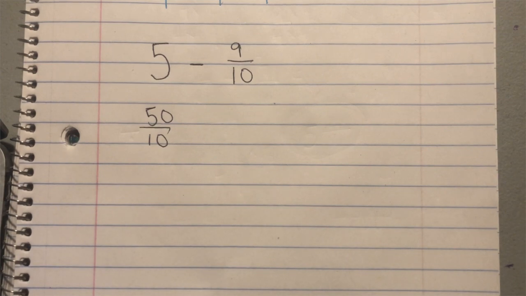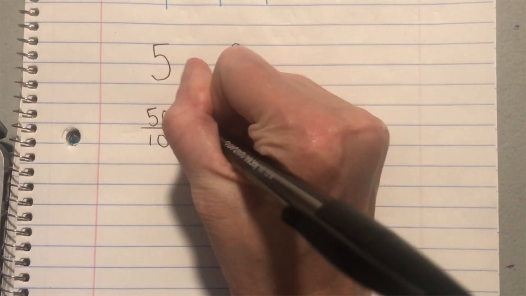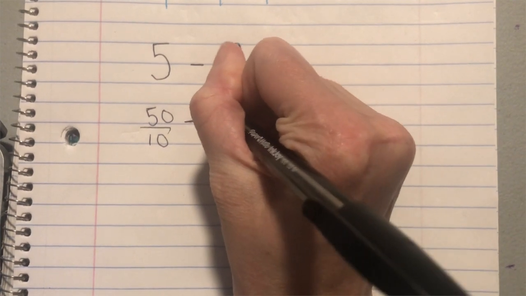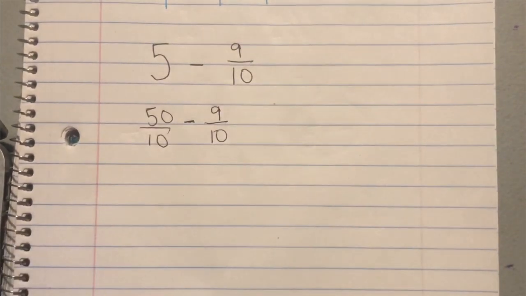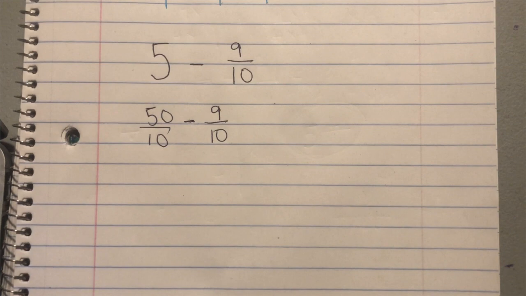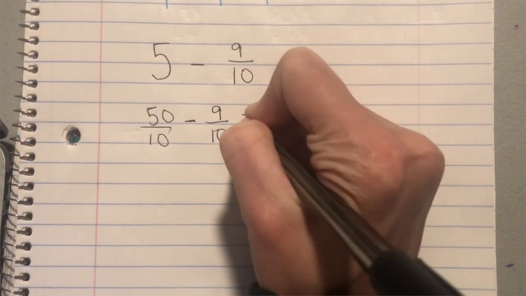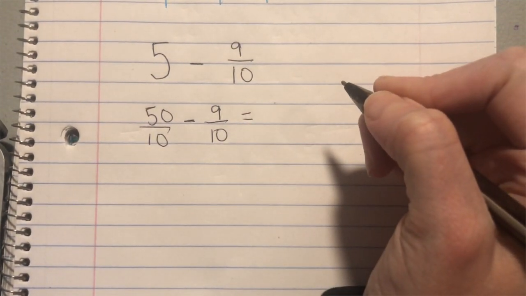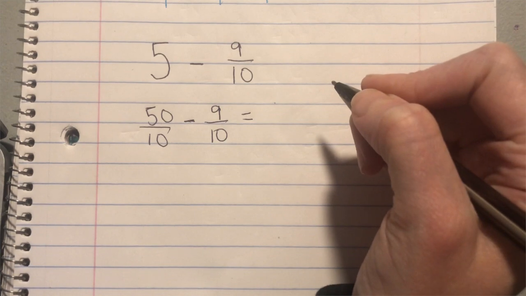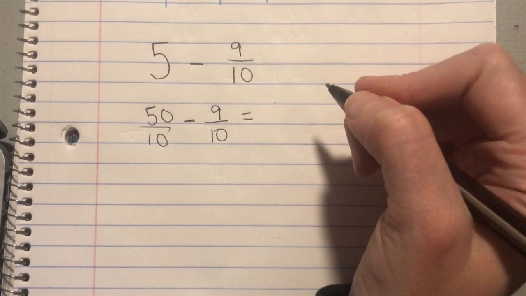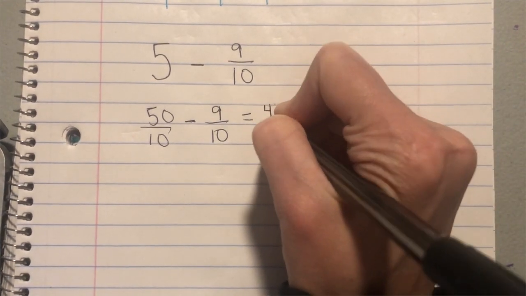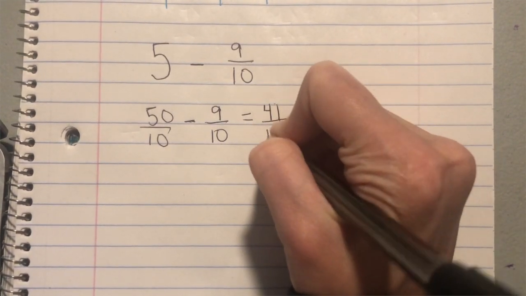There is another way to think about this problem, but I'll let you all who know how to problem solve figure that out, which I'm sure you have already. Okay, so now I just subtract, and I get 41 tenths.